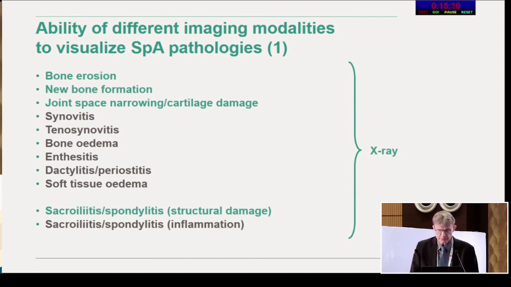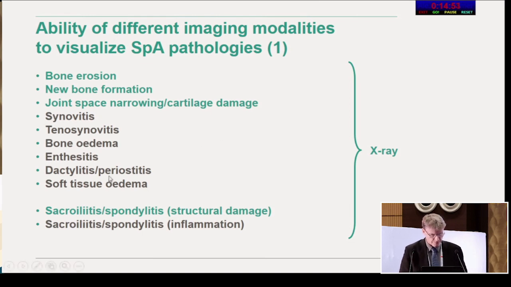So, if we look at what we can achieve by using X-rays, then the upper part here is the peripheral manifestations. And there you'll see that bone erosion and new bone formation can be visualized, and also indirectly cartilage damage by looking at joint space narrowing. While the inflammatory changes here you cannot see by X-rays.